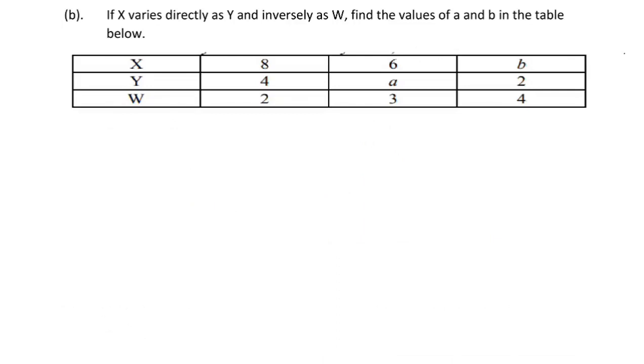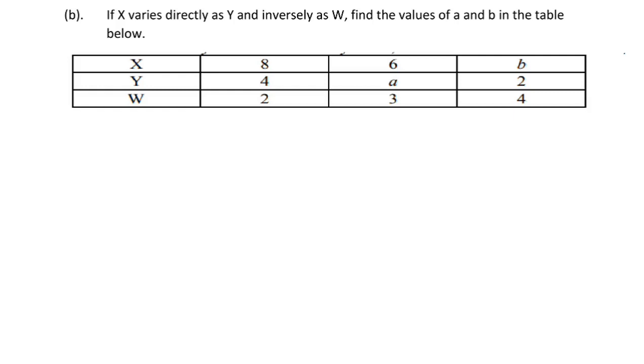So part B of the question: if x varies directly as y and inversely as w, find the values of a and b in the table below. We have been given several values of x, y, and w in the table, and we know this is a variation problem. We have been told that x varies directly as y and inversely as w.